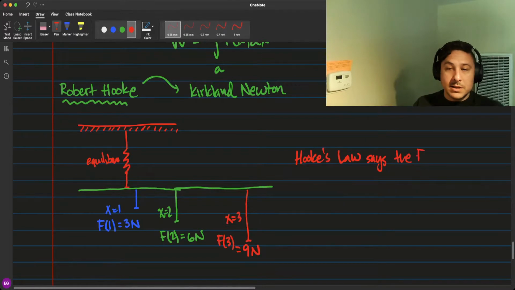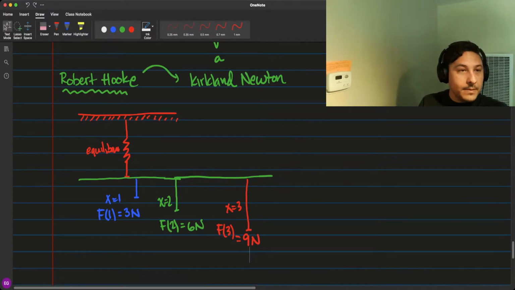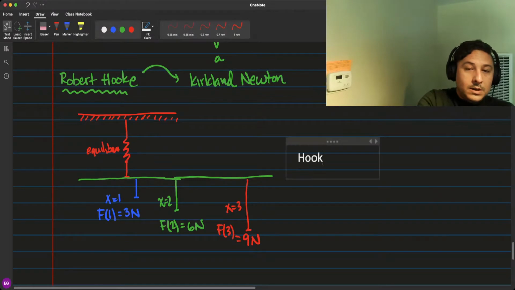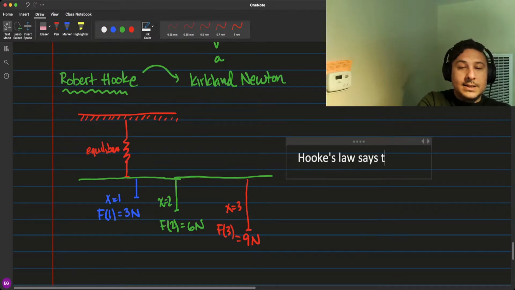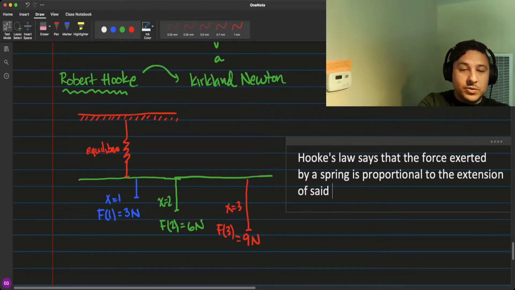the force, actually let's just type this, there's no point in trying to literally write it out. So Hooke's law says that the force exerted by a spring is proportional to the extension of said spring.